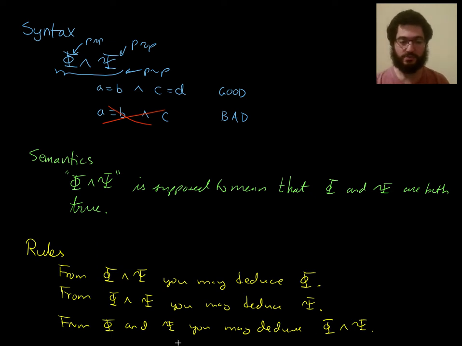So these rules are things you sort of have to be told, or they have to be declared at some point as accepted rules for the and symbol, if the and symbol is to work in the way that we think it ought to work given the semantics for it. So what I'm going to do now is introduce syntax, semantics, and something like rules for a whole bunch of new mathematical symbols.